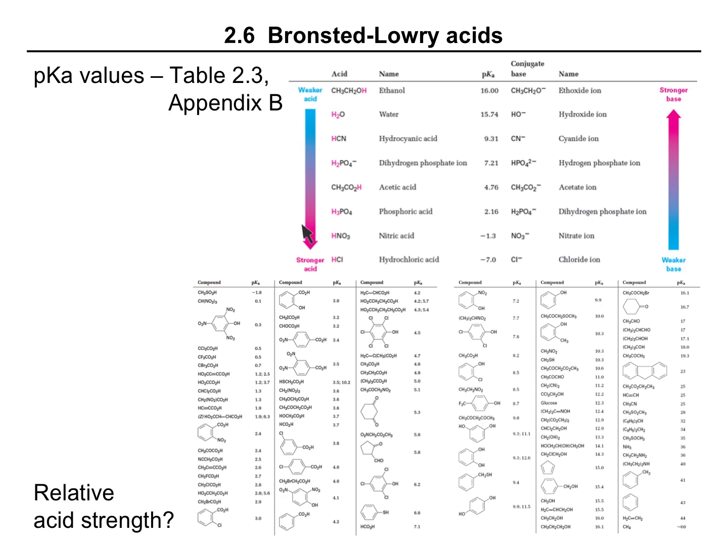Now this table is taken from your book. This is table 2.3, and it is also available in the appendix. What we're looking at is a variety of pKa values. For example, here we have ethanol, which has a pKa of 16. This is the conjugate base. After the acid gave up a proton, what we're left with is the conjugate base.